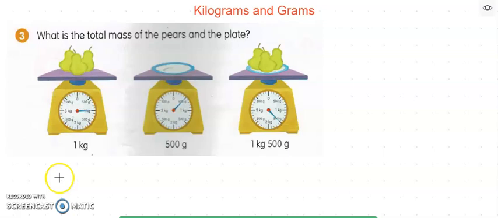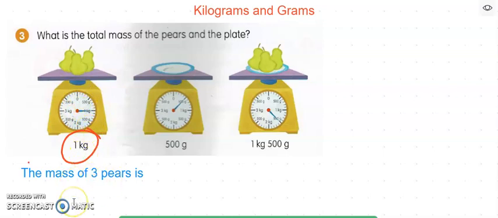Now let's take this example. We have here 3 pears and we have 1 plate. So the question says, what is the total mass of pears and the plate? Okay. As we see here, the mass of the 3 pears, and the scale shows 1 kg, right?